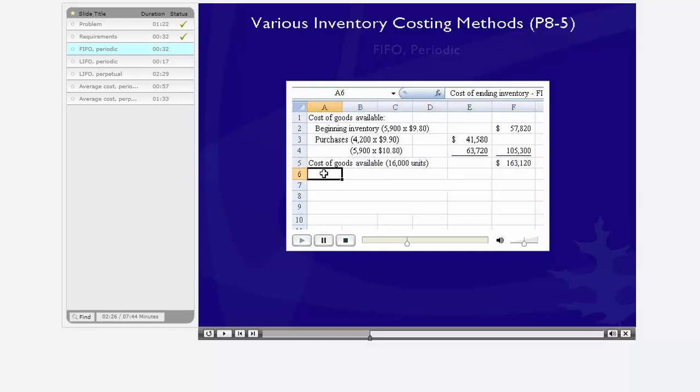All right, now remember that cost of ending inventory using the FIFO periodic method, we're going to keep this in mind. 16,000 units less 7,900 sold meant that there was 8,100 in ending inventory.